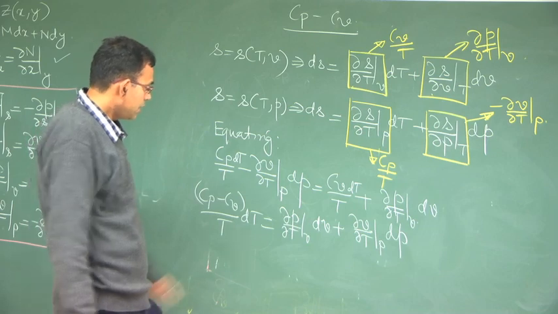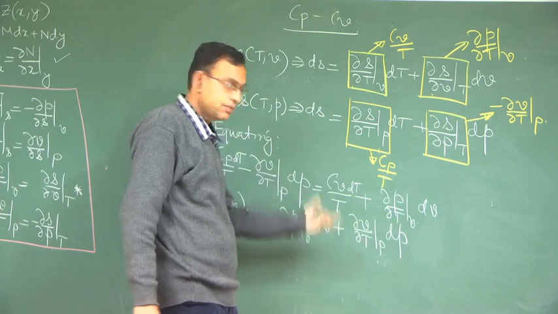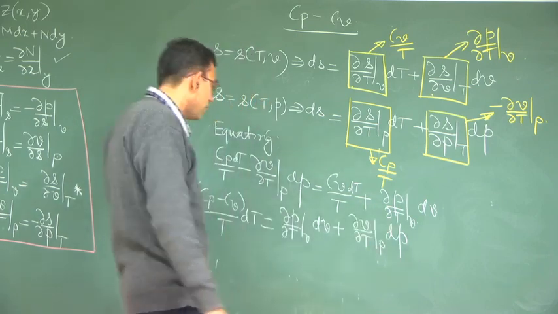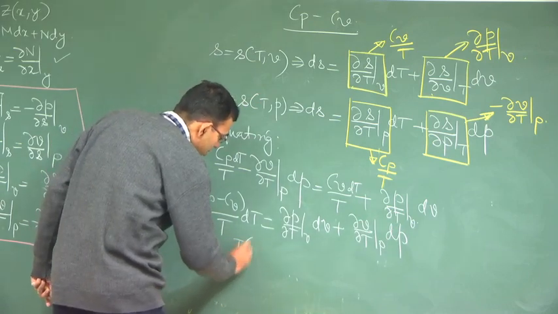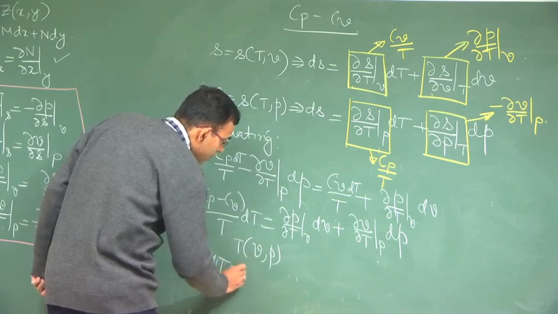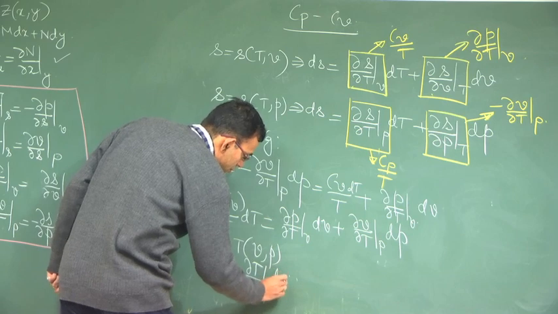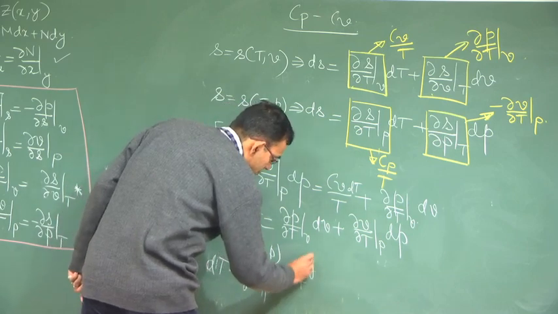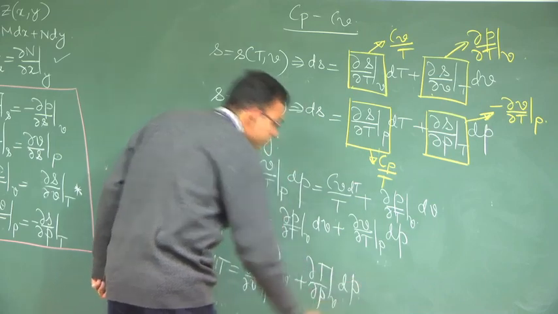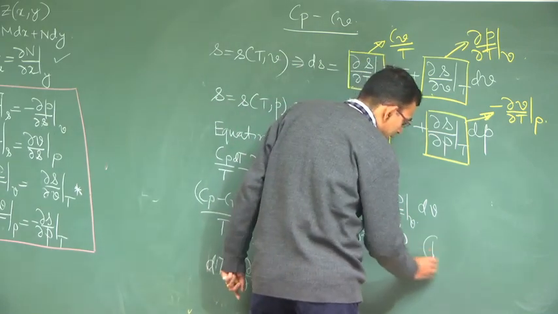Now, see this has the form of T as a function of V and P, right, dT expressed in terms of dV and dP. So, if you write T as a function of V and P, then dT is given by its partial derivatives. Now you can compare this 1 and 2.